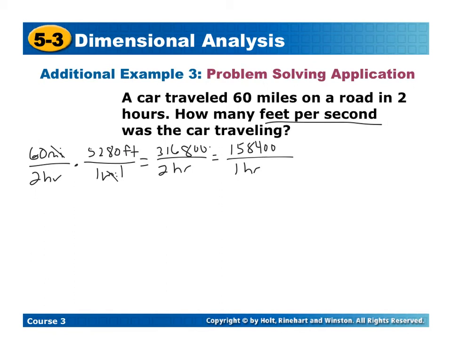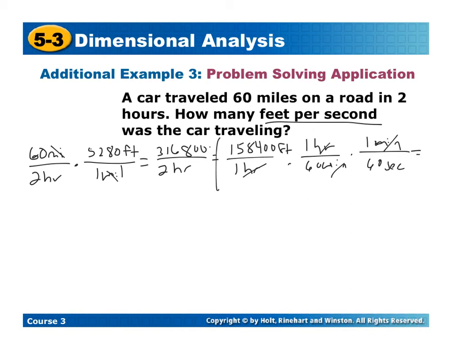Now I'm going to change the number of hours to minutes. So here we have 1 hour is 60 minutes. And then I'm also going to change minutes into seconds. So 1 minute is 60 seconds. Because here's what happens, the hours cancel out, the minutes cancel out.